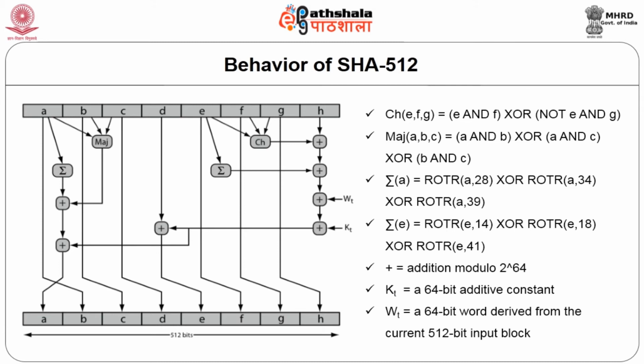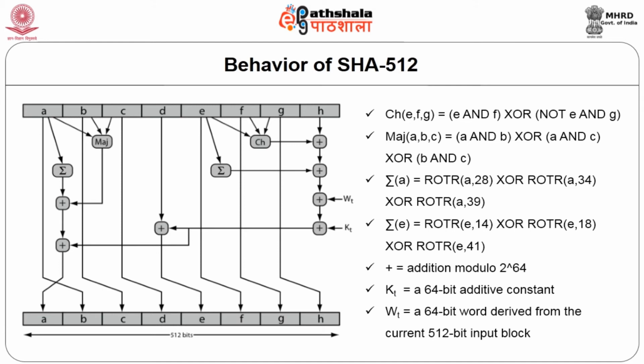The CH function is a conditional function saying that if E then F else G. In logical terms we are going to do E AND F. So the AND operation would be performed on the two registers E and F, then NOT E AND G would be performed, and then they would be exclusive ORed, and the result would be the result of the function CH(E,F,G).